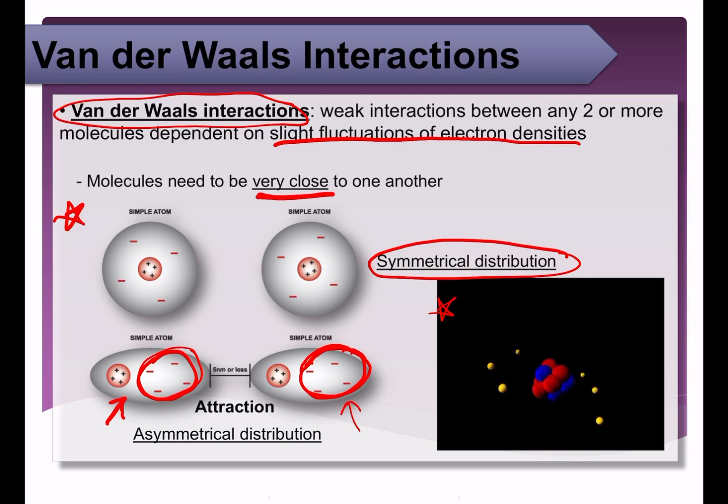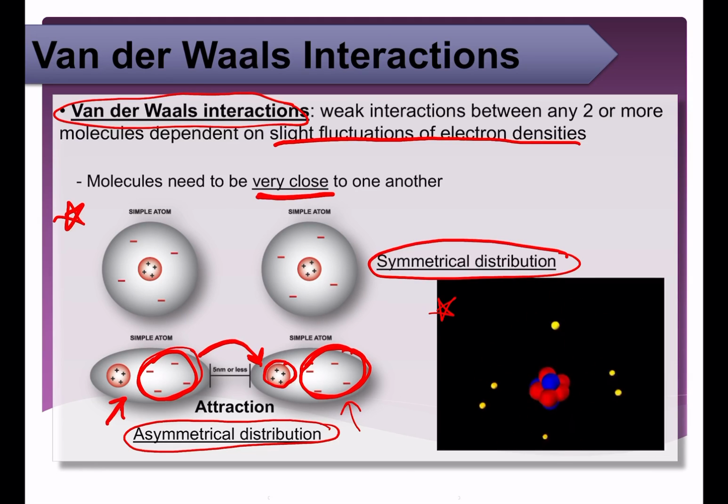And when another atom is close enough in proximity that is also experiencing this, what we call asymmetrical distribution of electron cloud, that particular electron cloud then can interact with the positive or slightly positive charged nucleus of the other atom. Remember, the nucleus is mainly made up of protons and neutrons. Neutrons don't have charge. Protons are the positive charge.